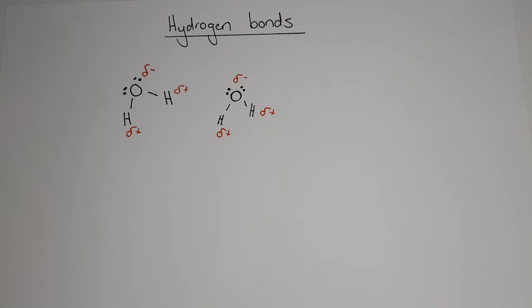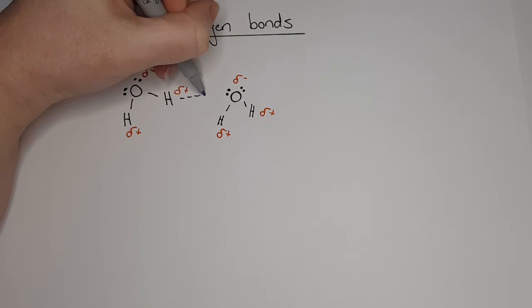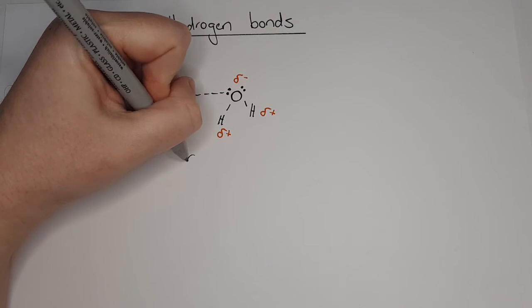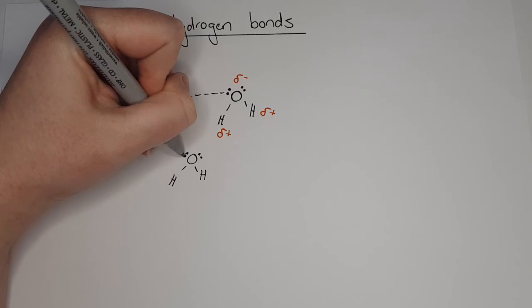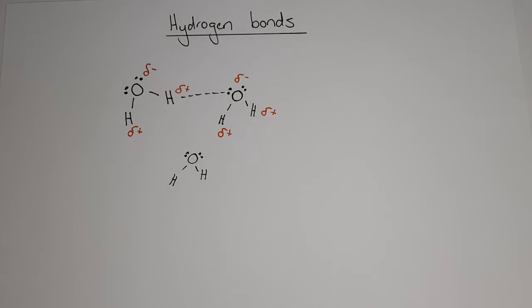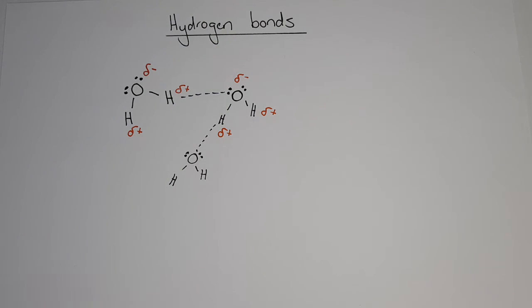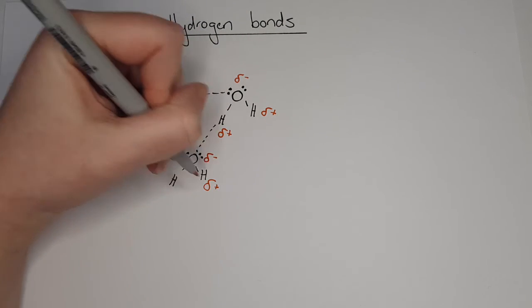So what you end up with is an attraction between the positive hydrogens and the negative oxygen lone pairs of electrons. So wherever there are those lone pairs on another one, we create these attractions from the positive to the negative, because remember, the oxygen gets negative and the hydrogen gets positive.